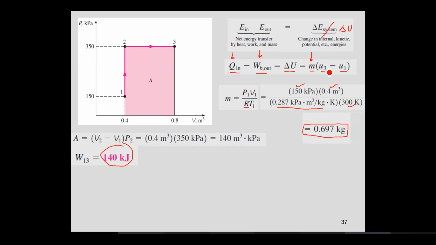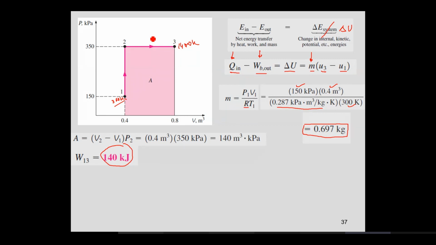Once you have the mass of the system, how can you determine the internal energies U3 and U1 for air as an ideal gas? This 3 is essentially 1400 Kelvin and U1 is essentially 300 Kelvin. Again, we have looked into three ways to find the internal energy or delta U for an ideal gas.